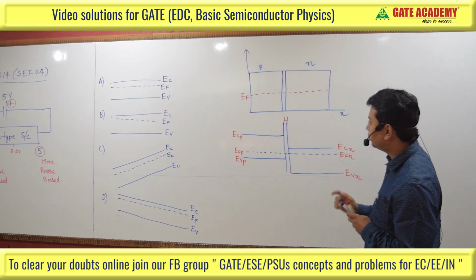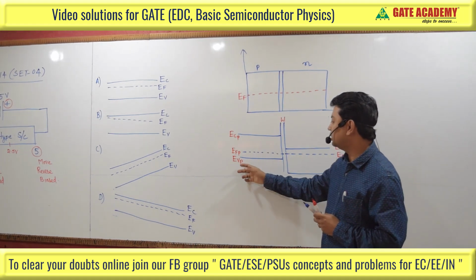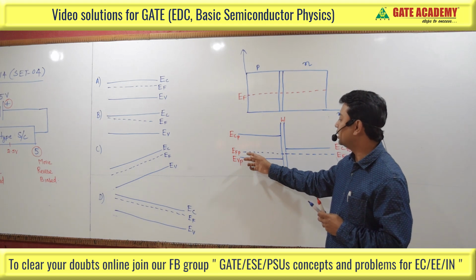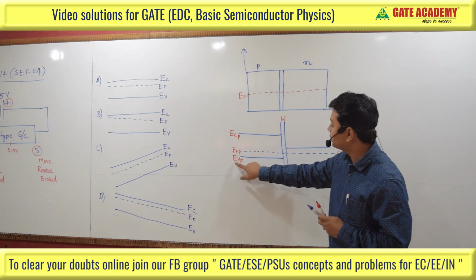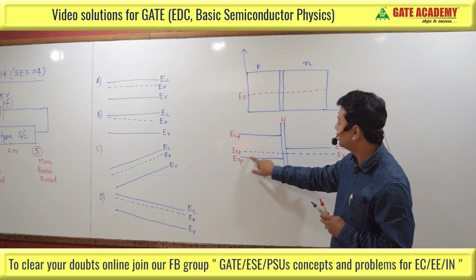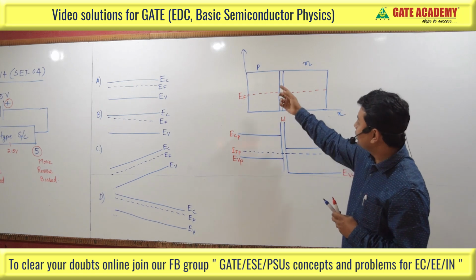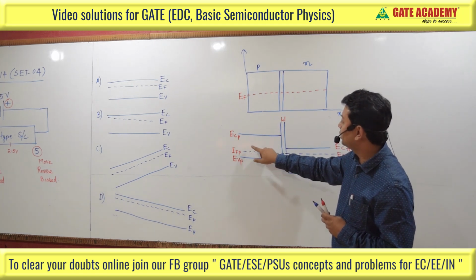And since we know that for a P-type semiconductor, the highest energy level of the valence band is nearer to the Fermi energy level of the P-type semiconductor. So this is the highest energy level of the valence band, which is nearest to this Fermi energy level. And in the same P-type semiconductor, the conduction band is far away from this Fermi energy level.